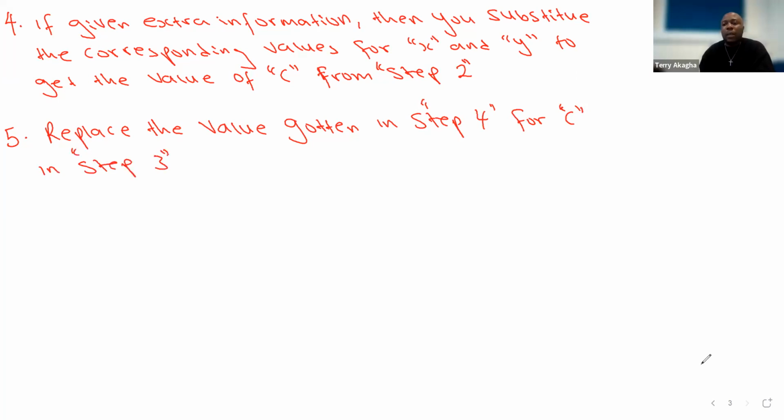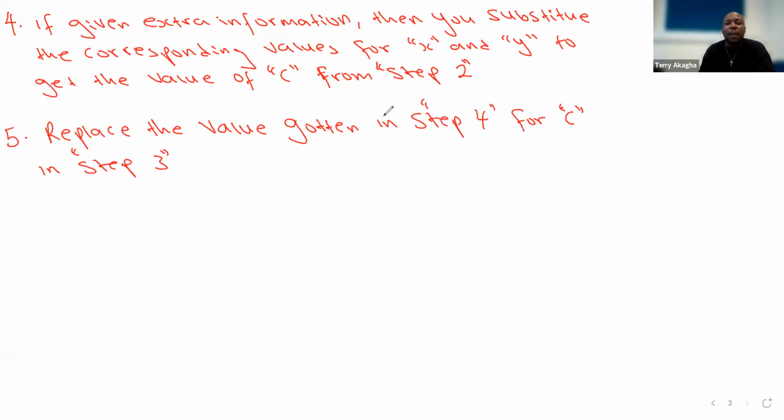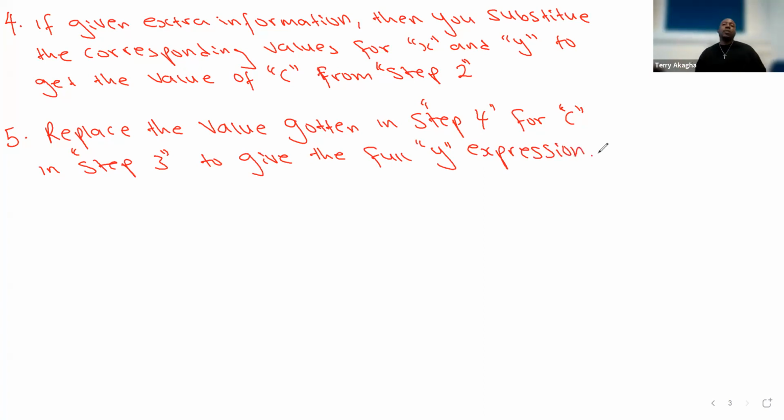So in step 3, that was where we made y the subject of the formula. So you now have to replace the value for c you got in step 4 in step 3 to give the full y equation or expression. Yep, and that is it. So this is what you need to do, okay?